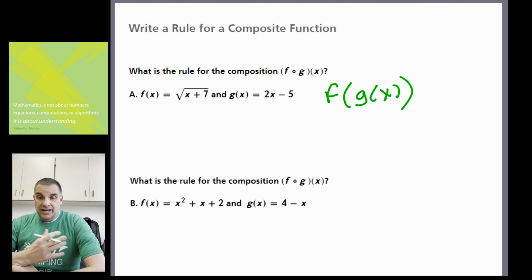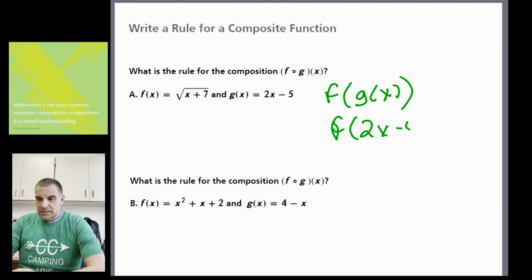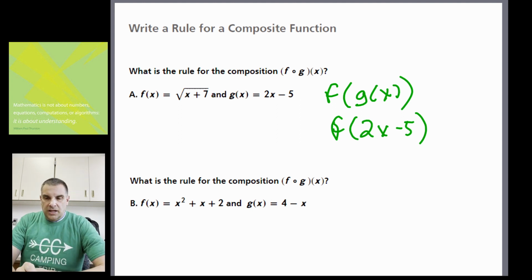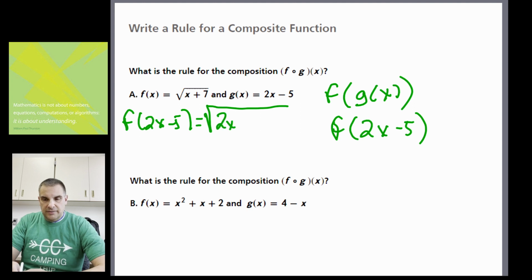Now I've got nothing to substitute in there, but I know my g of x value is 2x minus 5, so that means I need to find f of 2x minus 5. Anywhere in the f function that I see an x value, I have to replace it with 2x minus 5. So that's going to be equal to the square root of my x, but my x now is 2x minus 5, and then I've got the plus 7 to add in there, so that's the square root of 2x plus 2.